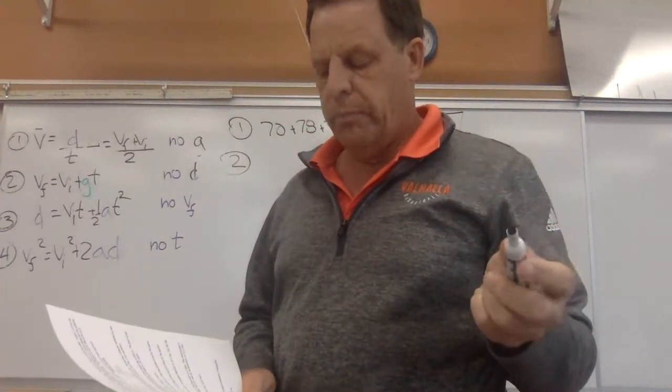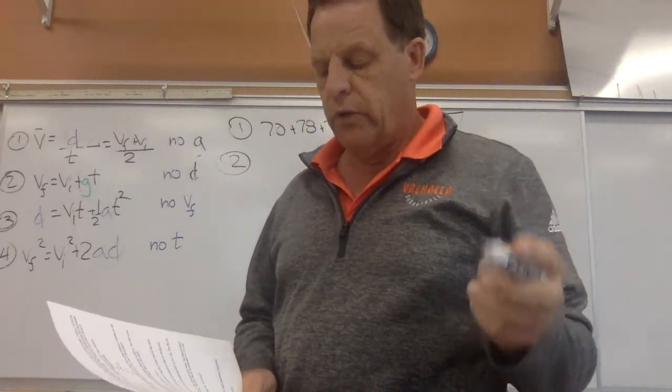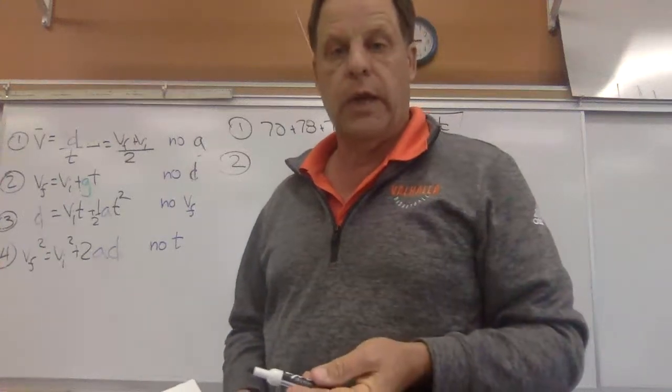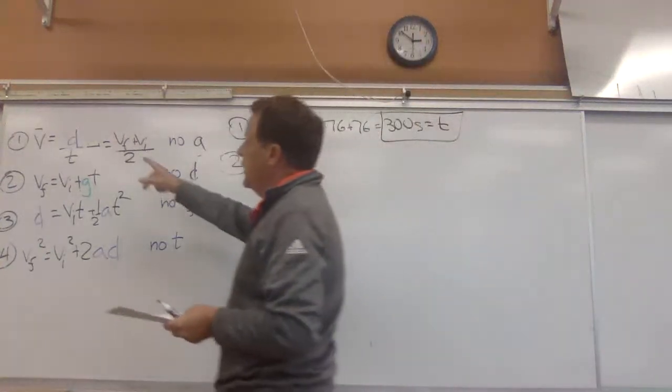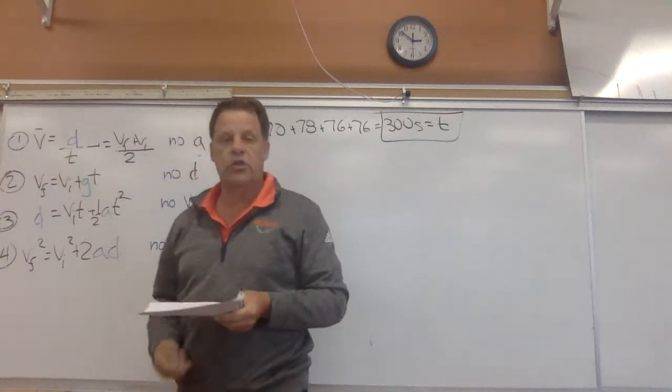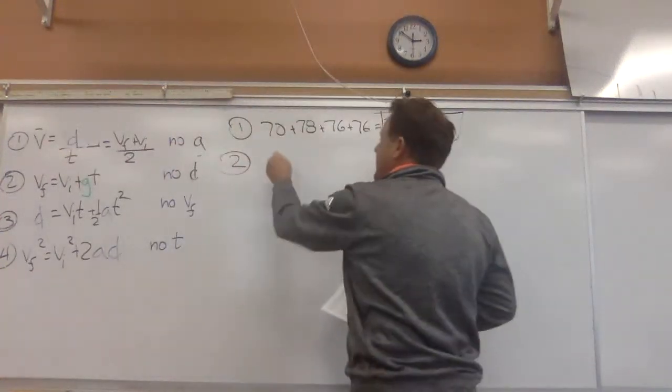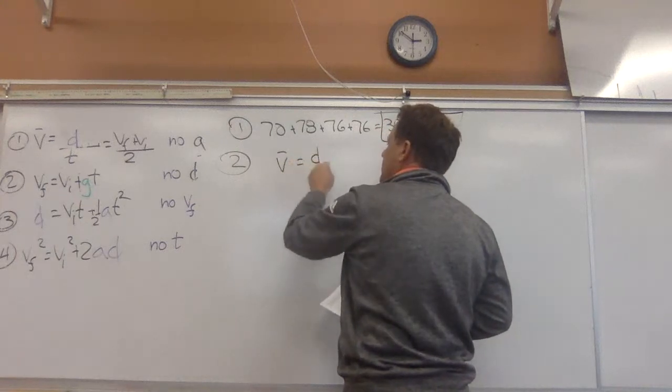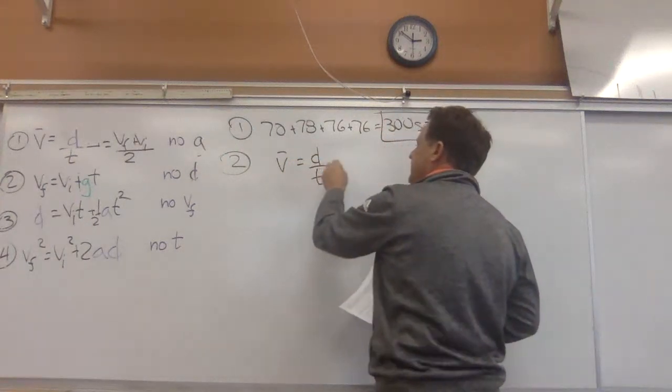What is the average speed for the first runner's entire race? We're going to go to equation number 1: average velocity is equal to distance divided by time.